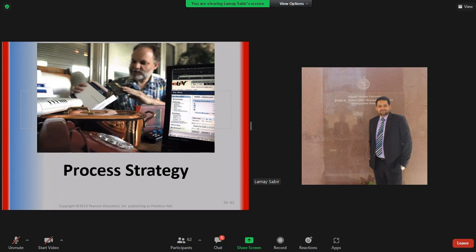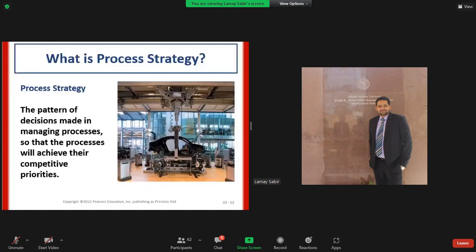So that is why process strategy is very important for a manager to understand, what processes have been followed. And process strategy, as I have told you, is a pattern of decisions. What decisions we should make so that whatever we are trying to achieve can be achieved.